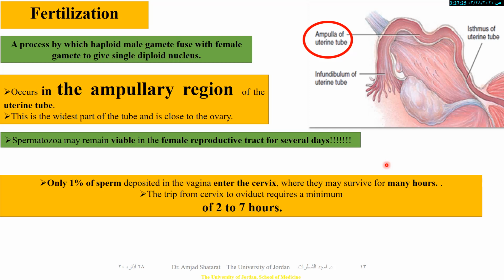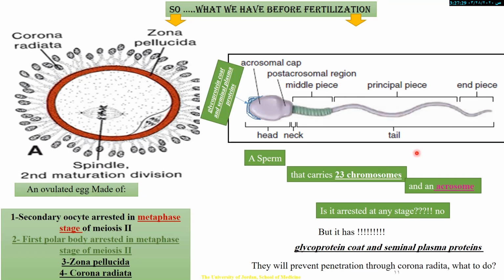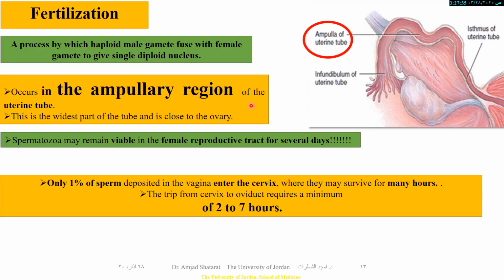The sperm is a haploid male gamete, ready, but it has some plasma proteins on its head. We need to get rid of them. Apart from that, it's ready. Do we have a haploid female gamete? Unfortunately, we need to work on the oocyte. It's not haploid yet. It needs to finish its second meiosis.